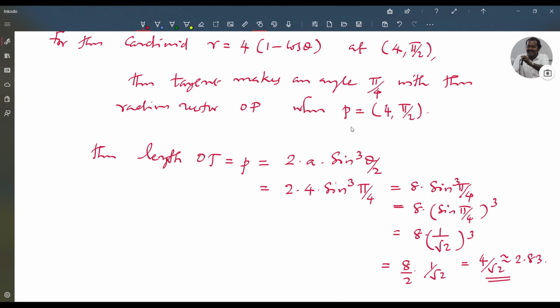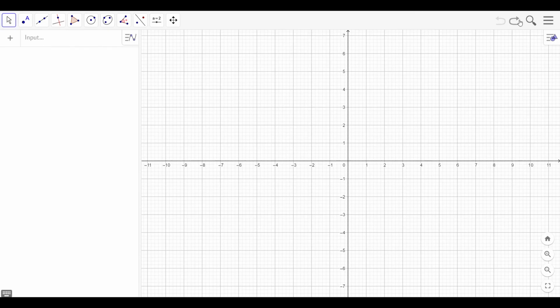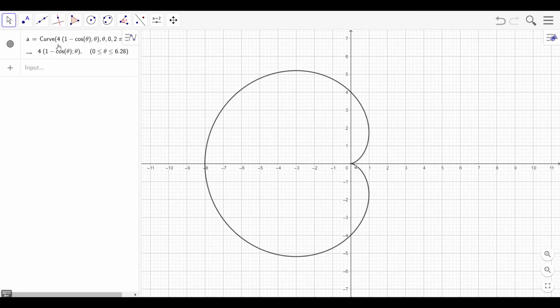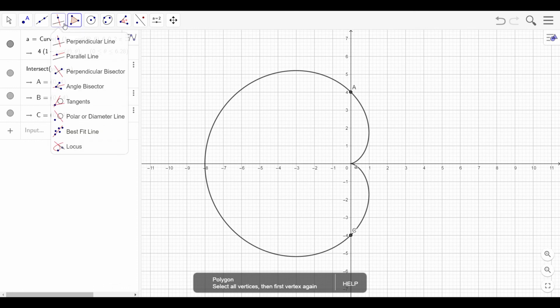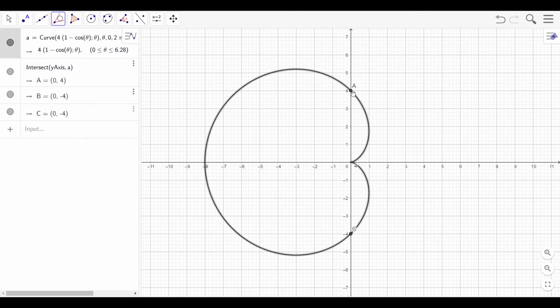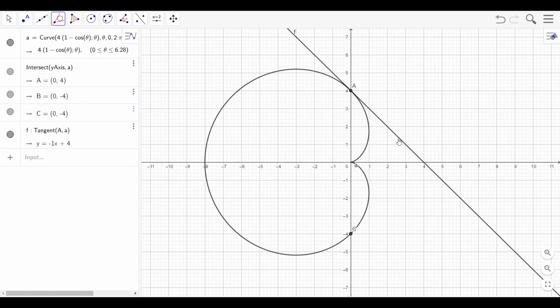So we'll check it using GeoGebra. You consider the curve r equal to 4 into 1 minus cos theta, and you mark the point (4, pi by 2), and you draw the tangent at that point.